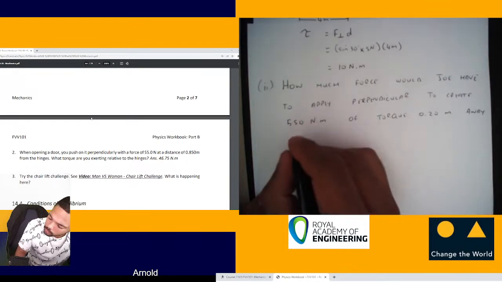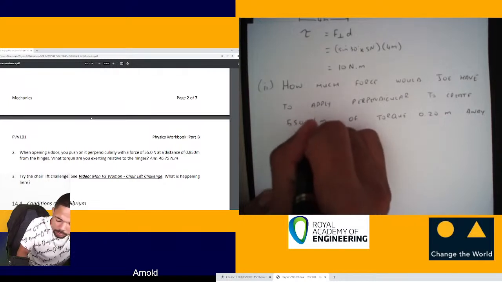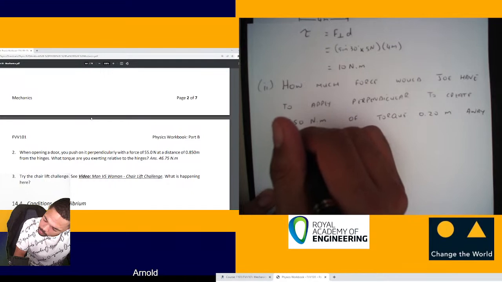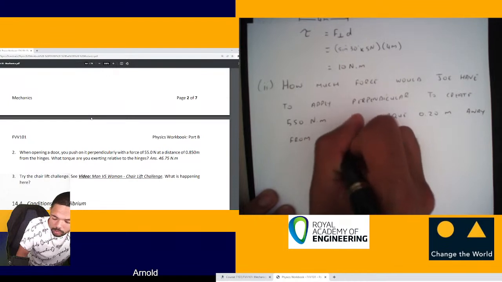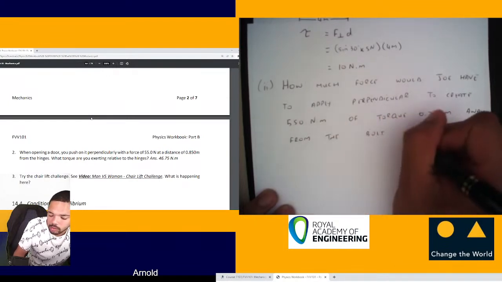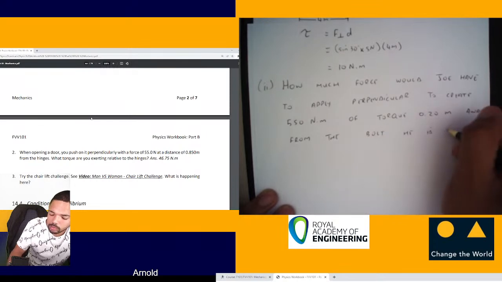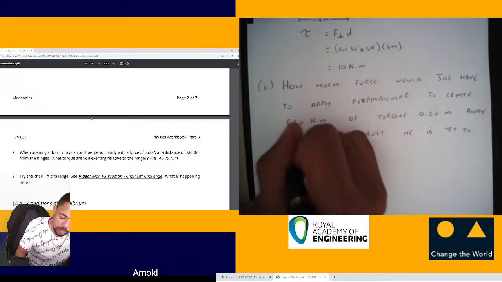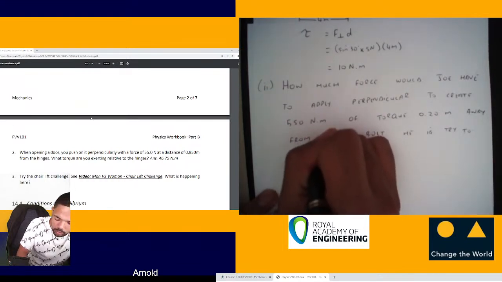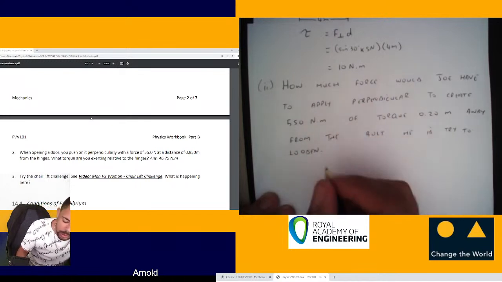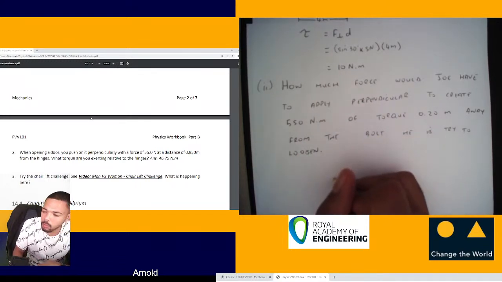Away from the bolt he is trying to loosen. Okay, so this is the situation with Joe. Let's say he's using a ratchet spanner.